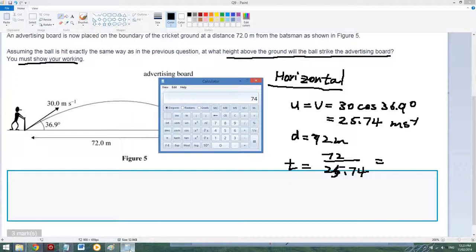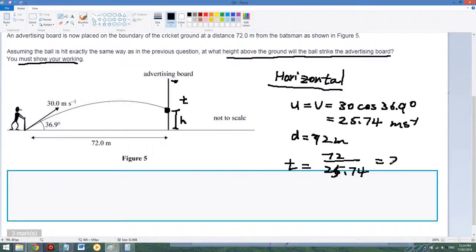Now, the time will be just 72 divided by the speed, 72 divided by 25.74. So it will be 2.80 seconds.